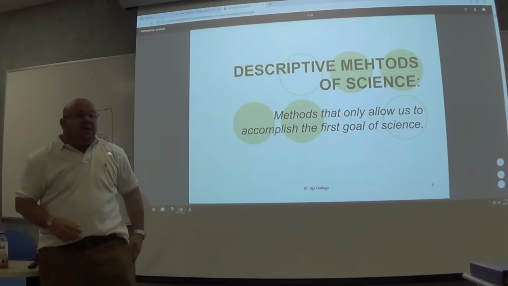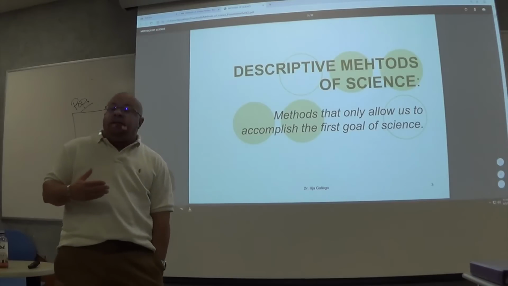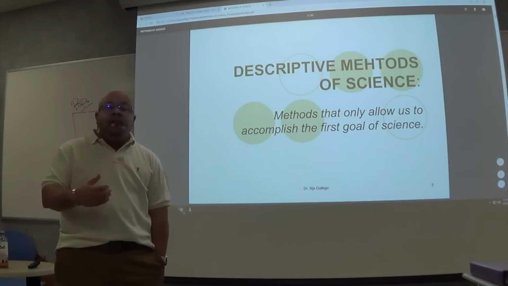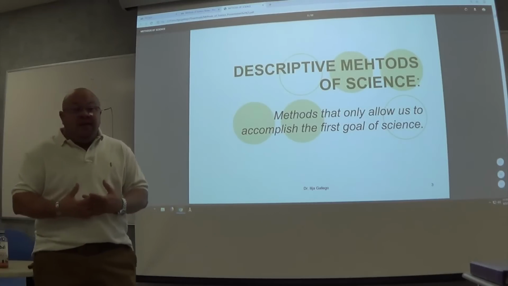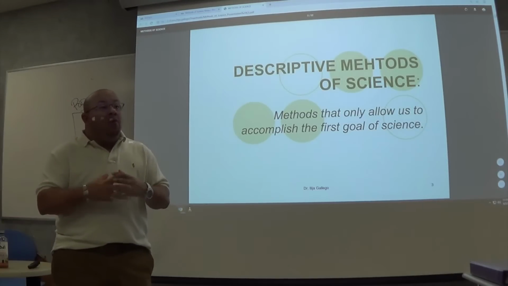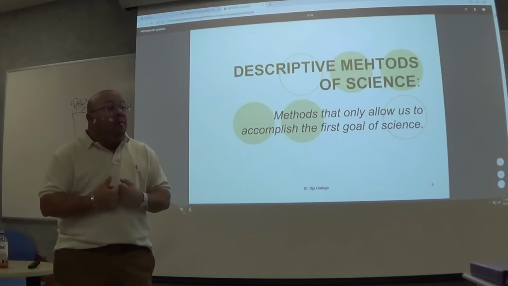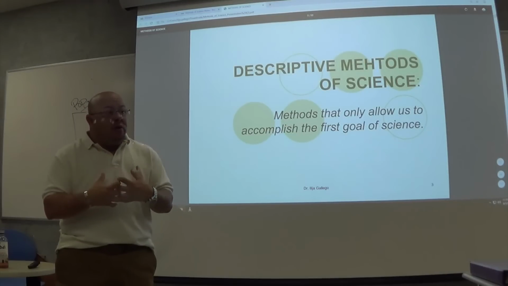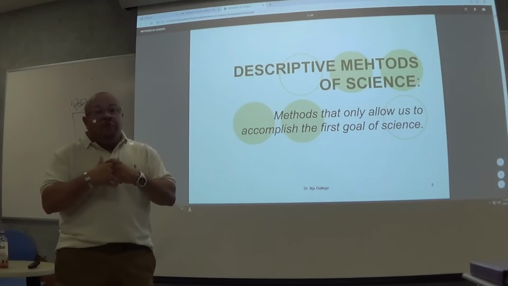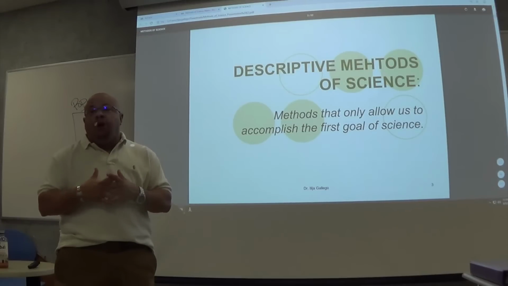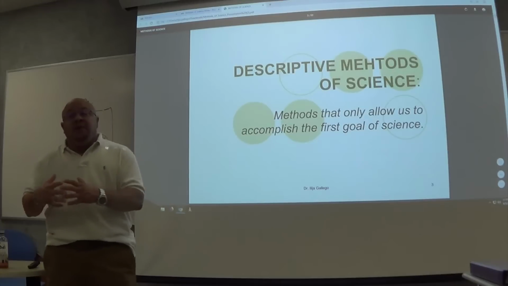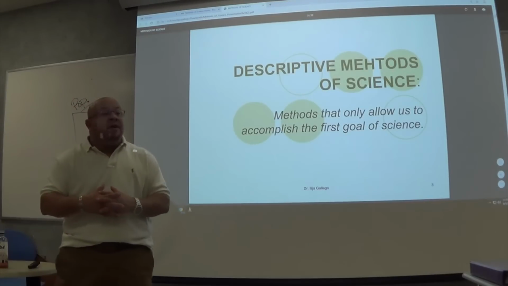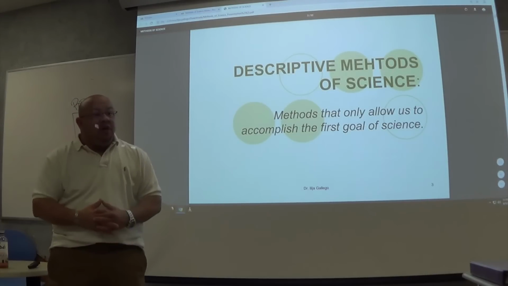Now, some methods in science have more rigor than others. Rigor means strength. And strength means that we are more confident of our results. The stronger a research method is, the more confident we can become in our results. So experiments are very rigorous, and therefore we have much confidence in our results.